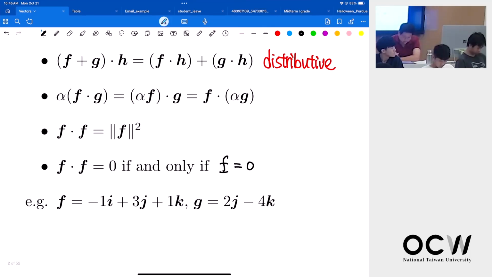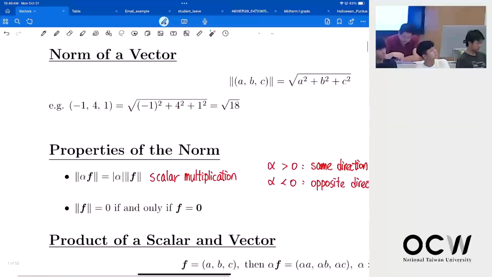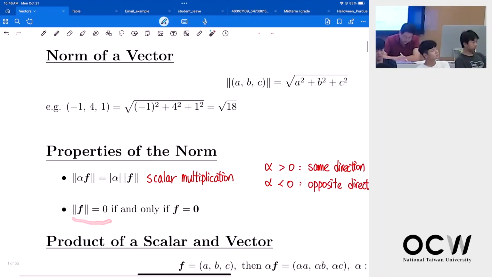Because if the norm square is 0, that means the norm should be 0. And when the norm is 0, as we said in the beginning of this chapter, if and only if the vector is a 0 vector.